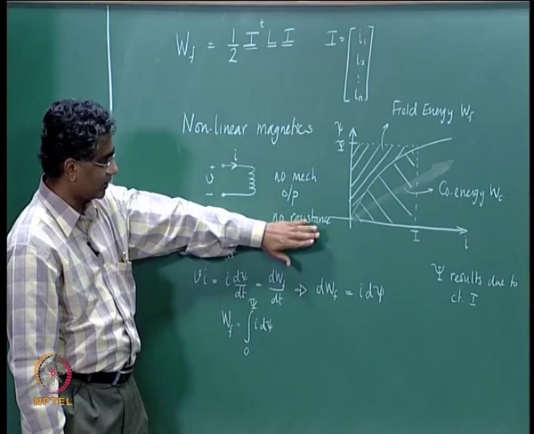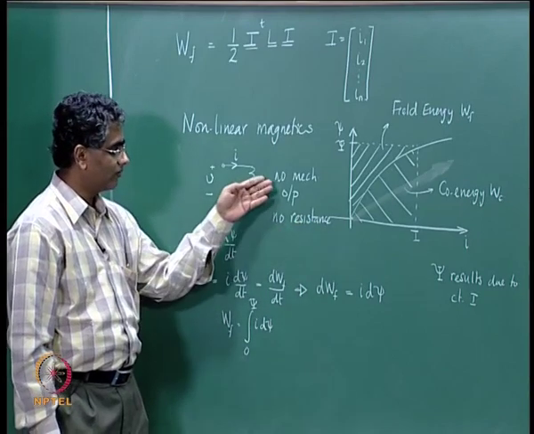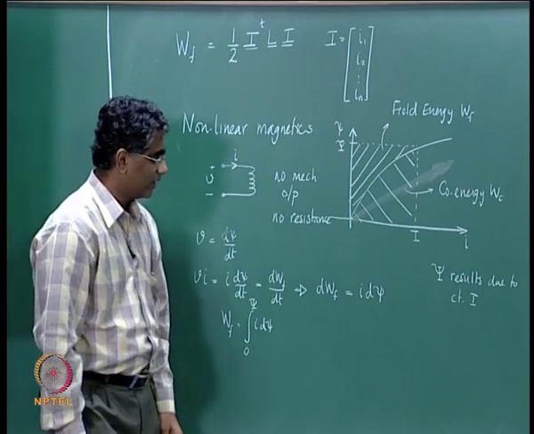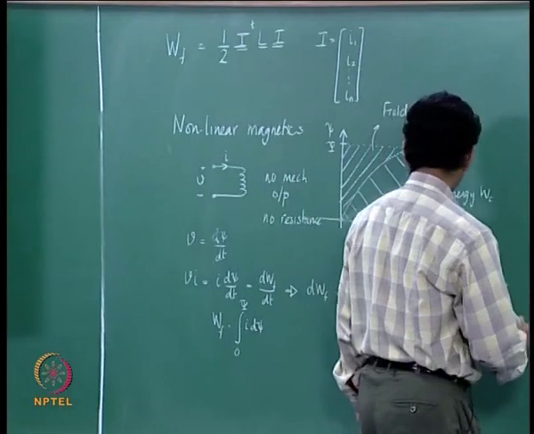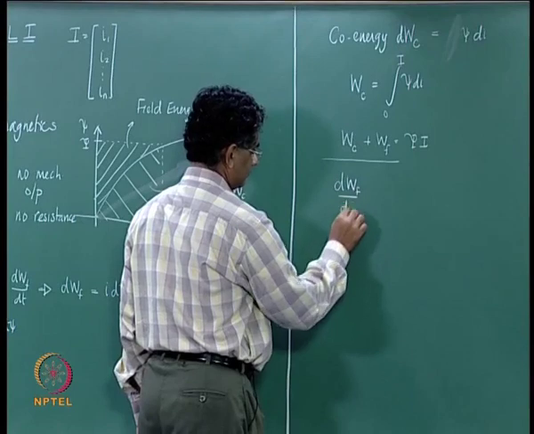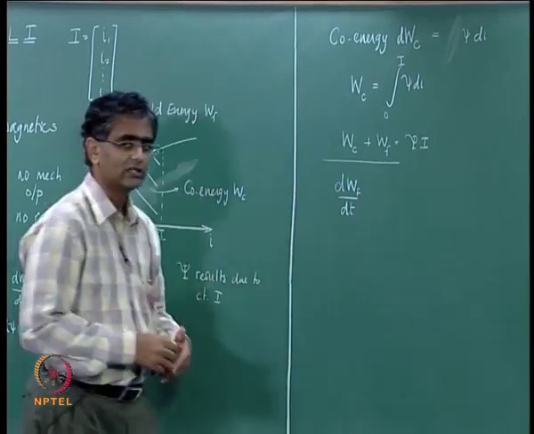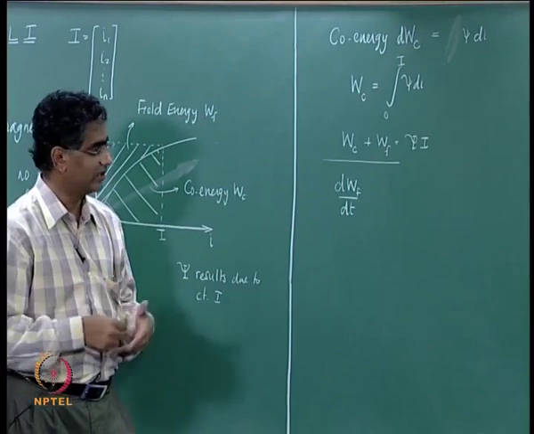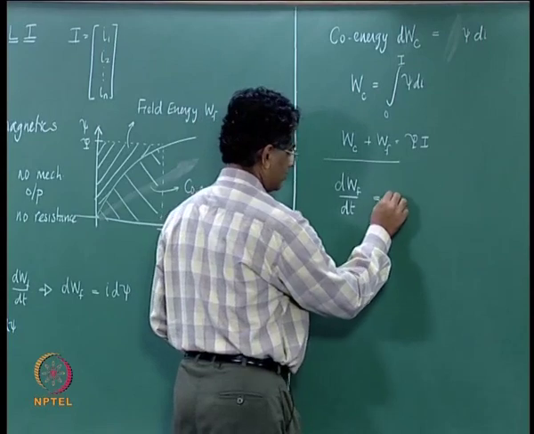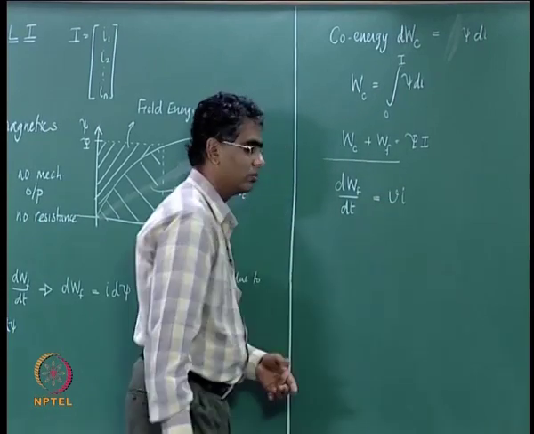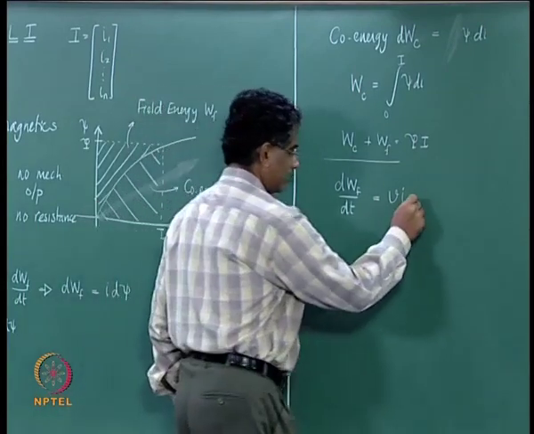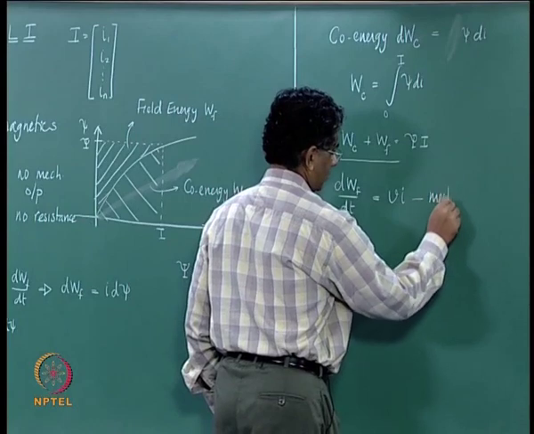Let us retain this no resistance, but now if mechanical output is allowed in the system, then what we would have is dWf by dt, which is the rate at which field energy is increasing, is then given by V into I, which is the electrical input that we are giving, minus mechanical power.